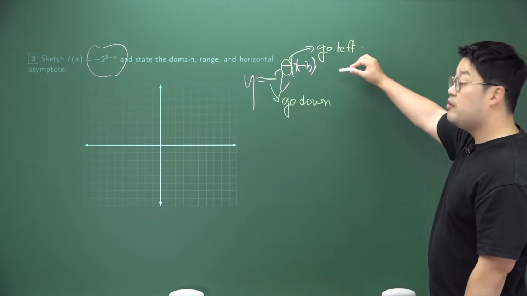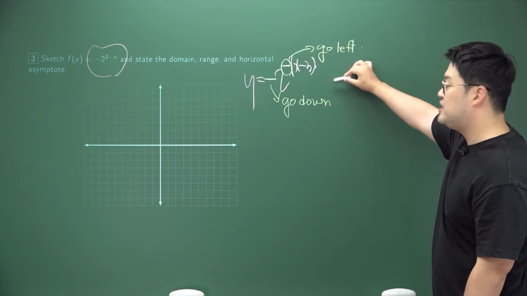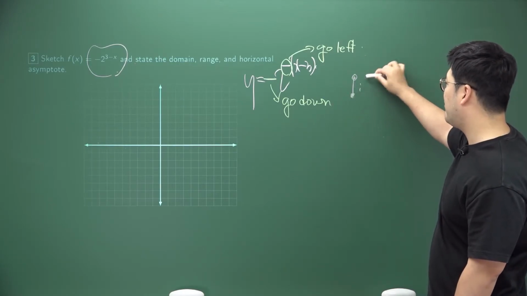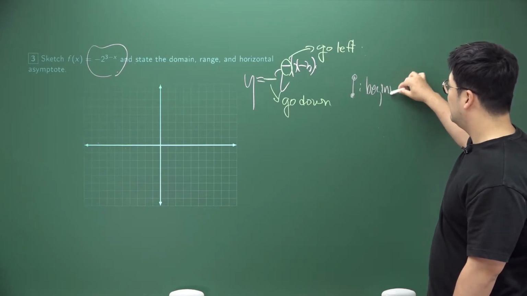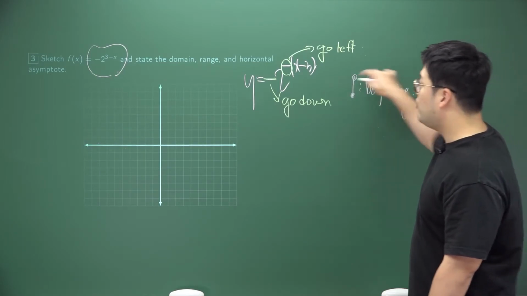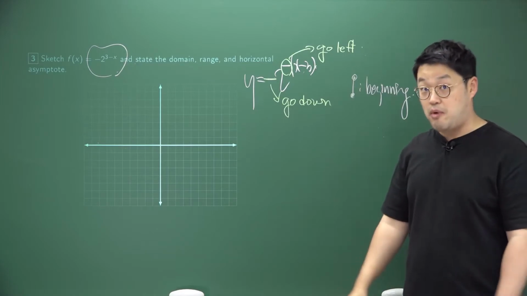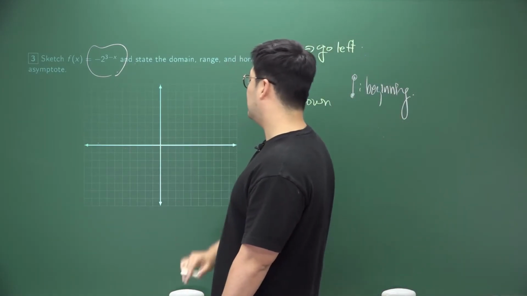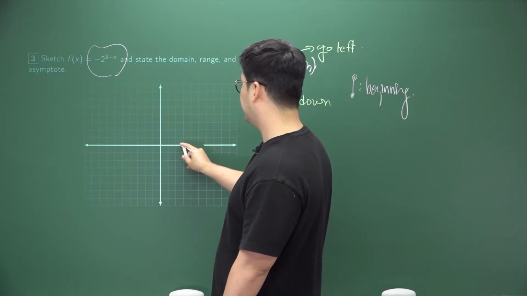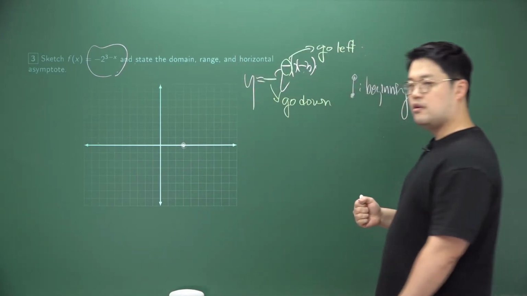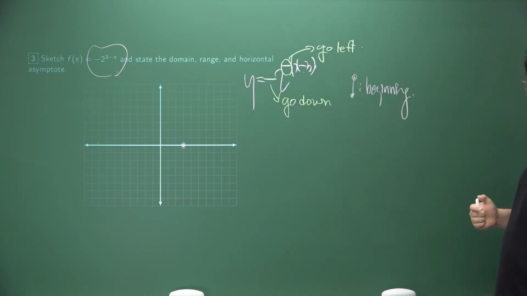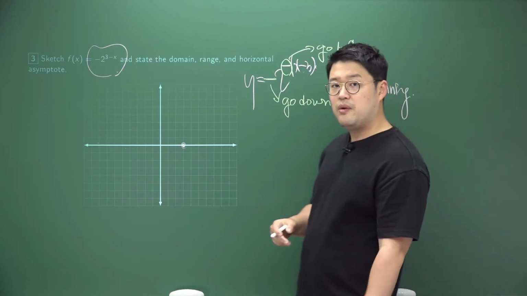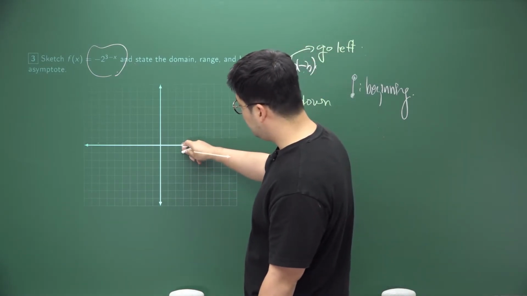Now, we start from where? We start from 0 and 1. This is the beginning point, right? This is where we begin. And we're going to shift this 3 units to the right. And this time, instead of going up, you need to see this carefully though, instead of going up, you need to go down.